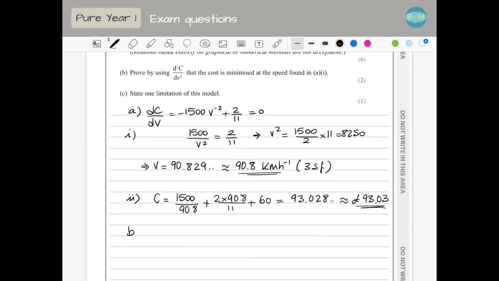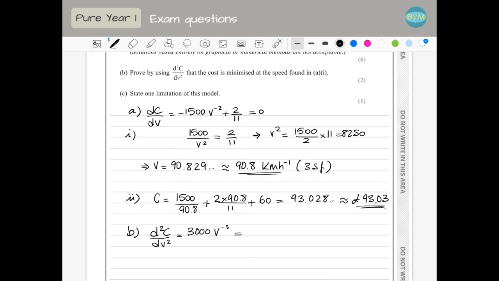So we are going to differentiate the expression again. The second derivative: I have the first derivative, so if I differentiate again, I have minus 2 times minus 1,500, which is positive 3,000, v goes down by 1 again so v to the minus 3, and the constant term is 0.